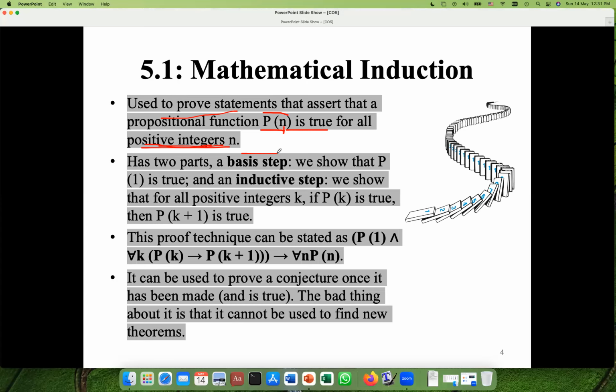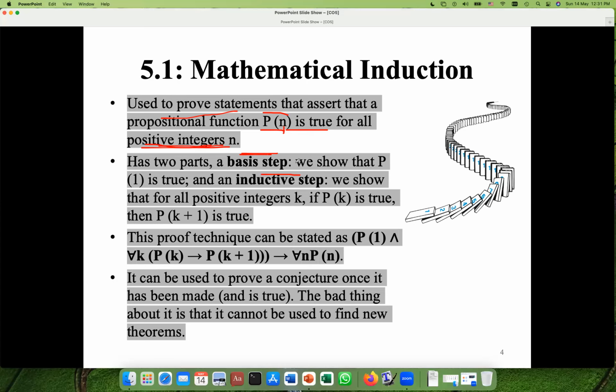Yeah, another name is asas. So anyhow, you can say asas or whatever, foundation step. The basis step. And the other step is the inductive step. You have to evaluate these two steps, and only then you can prove that the propositional function is true for all positive integers. So mathematical induction has these two parts, basis step and inductive step.